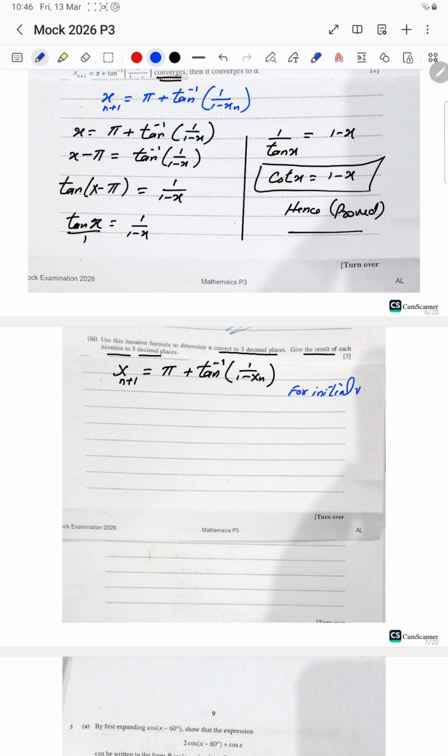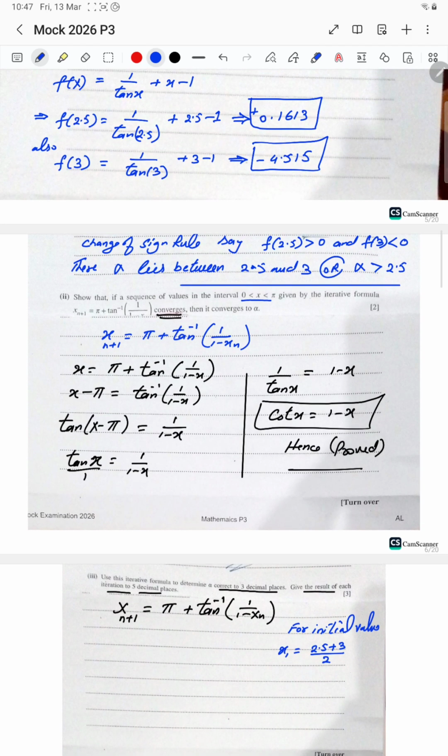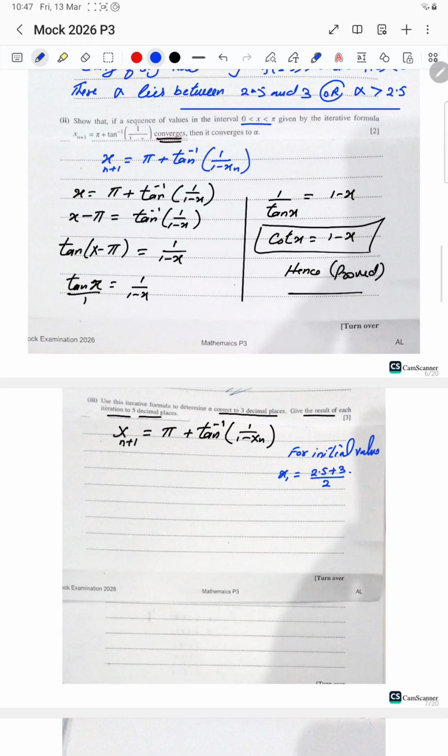We will take x1 as the mean of the values between which it is lying, 2.5 and 3. So the mean of 2.5, as we proved in the first part, and 3.0 gives 2.75. Suppose this is the initial value.